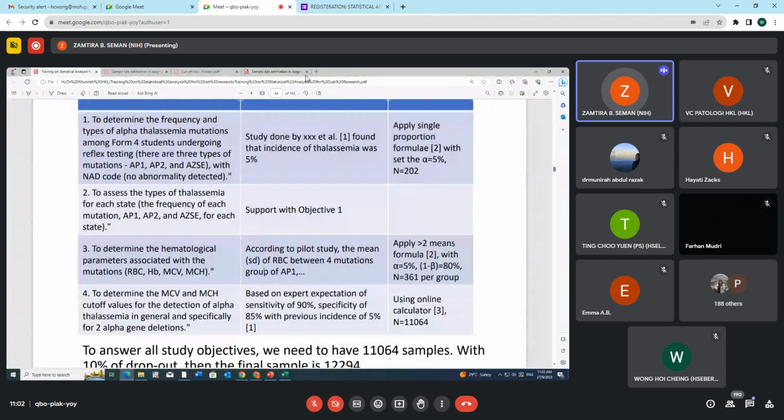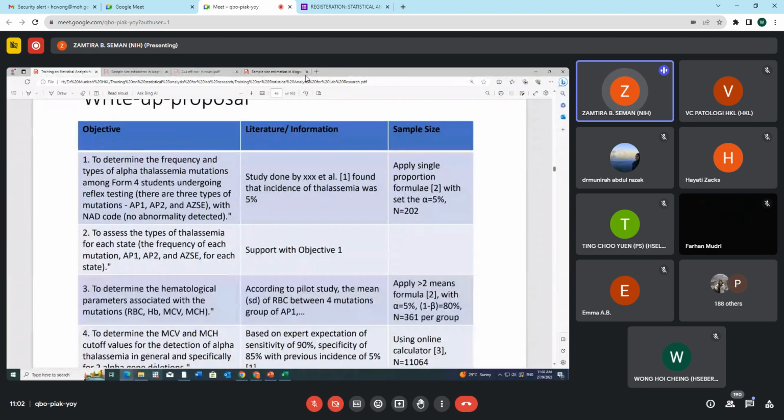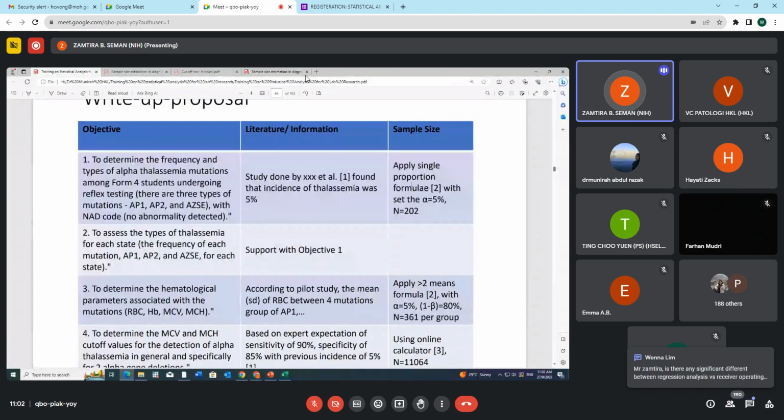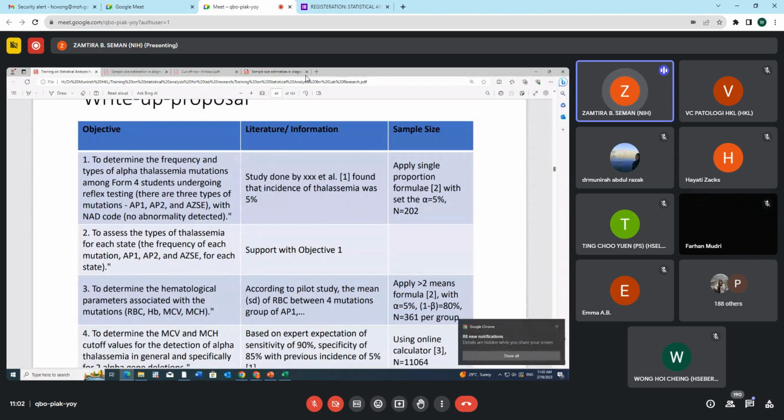This one is acceptable. Meaning to say, what is our objective, what is our reference, literature or reference, and this is the sample we get. We need to say we apply what formula with some parameters here, because this is also some information. This is the parameters involved.